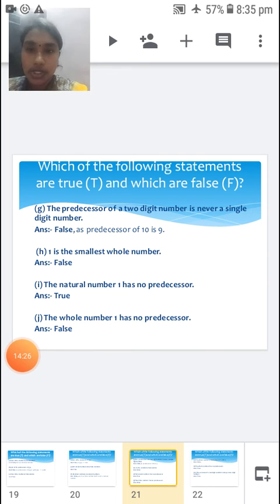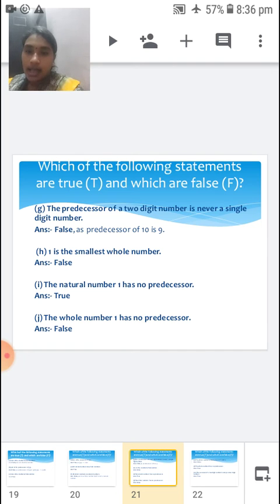So the next question we have. The predecessor of a 2-digit number is never a single digit number. So let me repeat the question once more. The predecessor of a 2-digit number is never a single digit number.